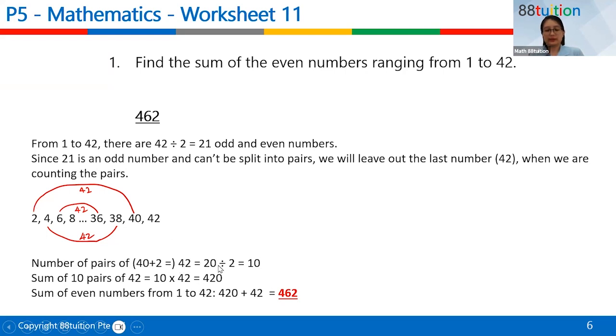So there are 20 numbers from 2 to 40, and we divide by 2, so there are 10 pairs. The sum of 10 pairs of 42, we just multiply. The value of 2 to 40 is 420. Then we just add the last one.